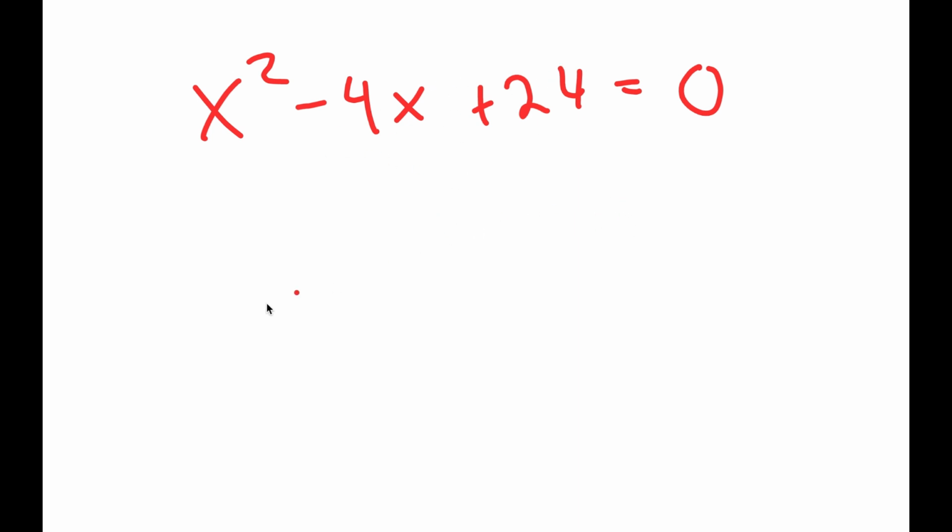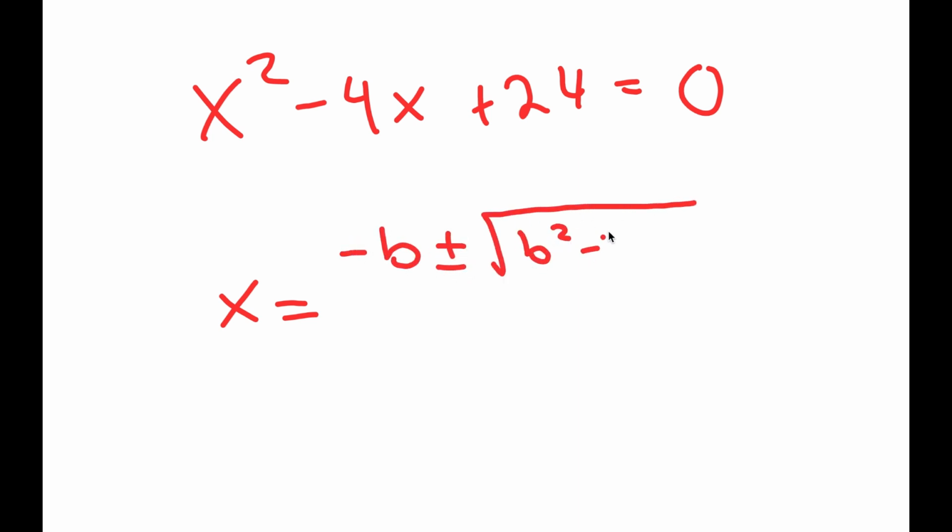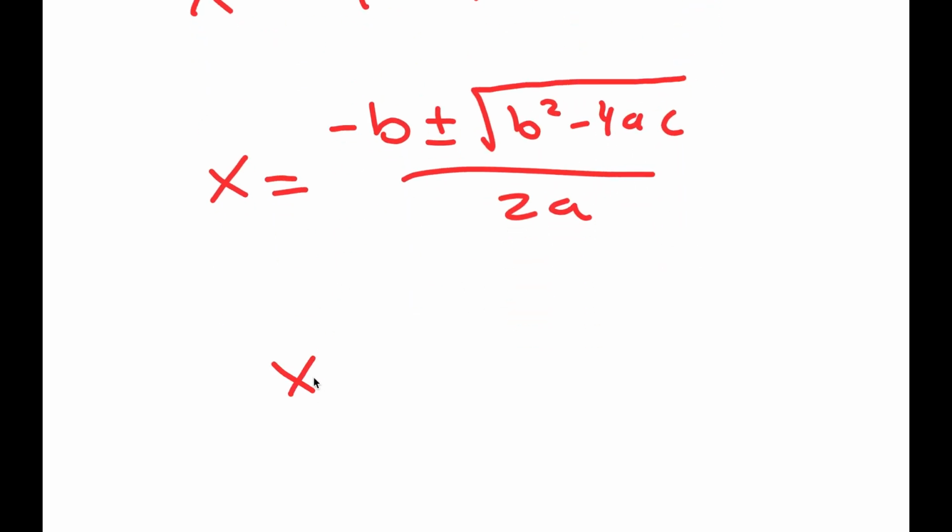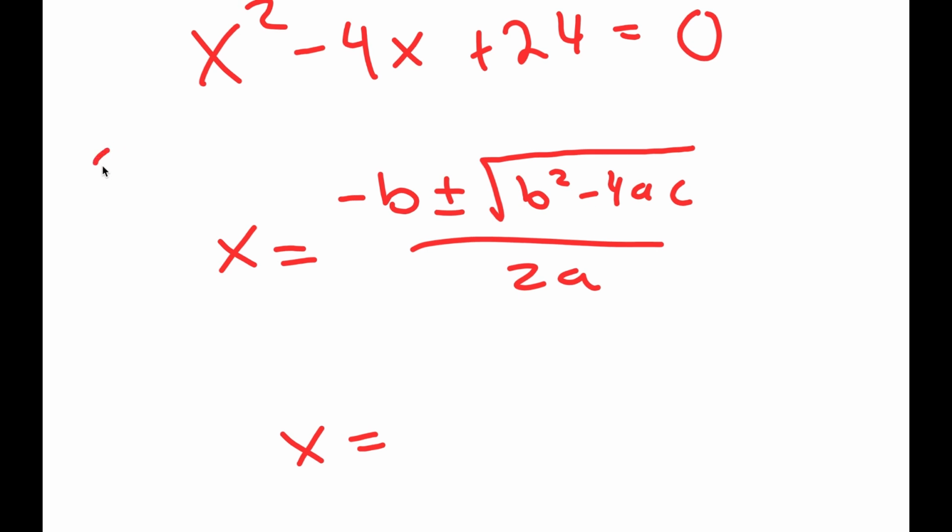Now we have a quadratic equation, so to solve this, I'm going to use the quadratic formula, which is negative b plus or minus the square root of b squared minus 4ac all over 2a. So in this case, a is 1, b is negative 4, and c is 24.